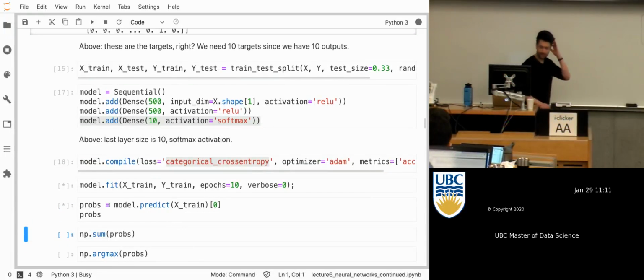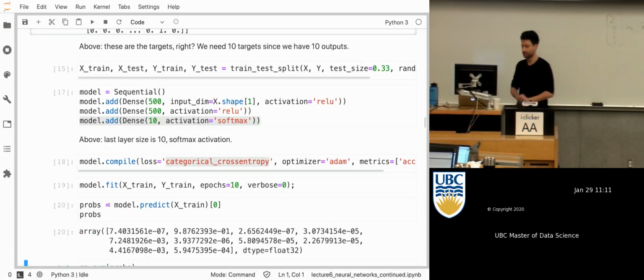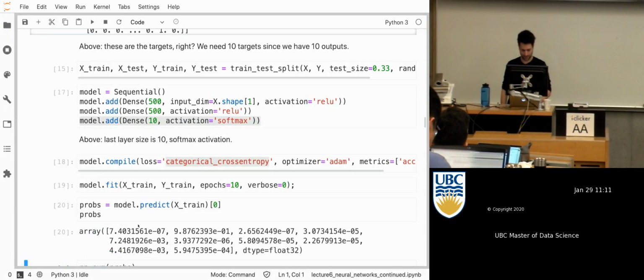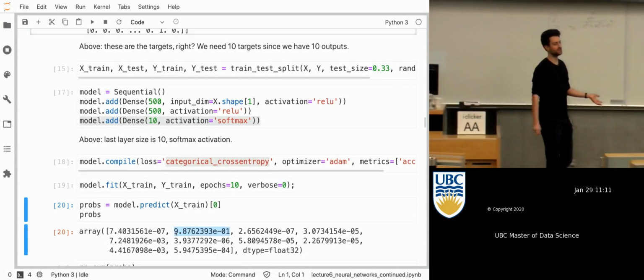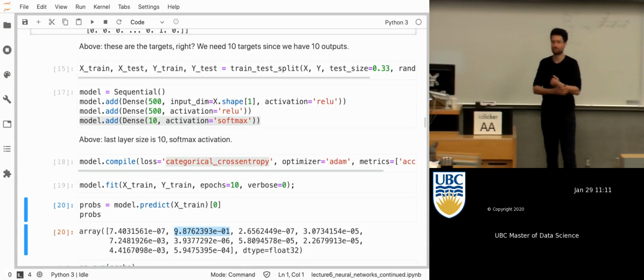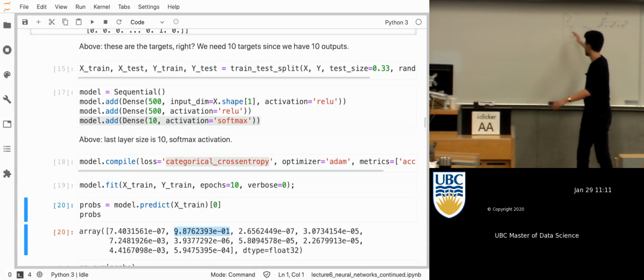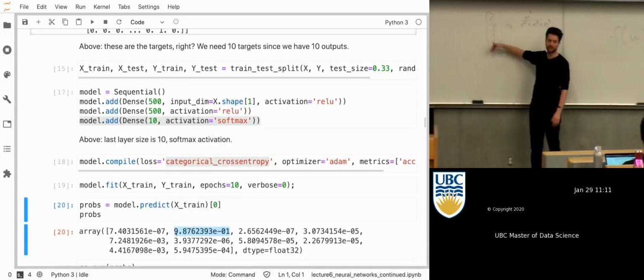And when I call predict, what comes out is the probability. So basically 0, 0.9, tiny, tiny, tiny, tiny, tiny, tiny. So this thing is pretty confident. It's 98.8% sure that that digit is a 1. And so you could reverse engineer it and figure out what those numbers originally were.